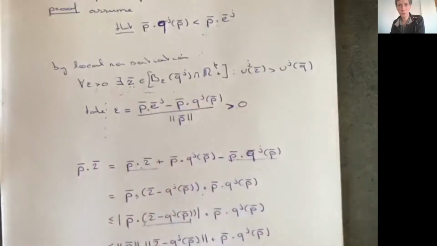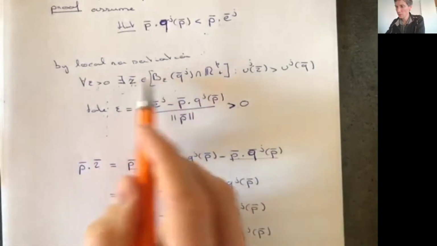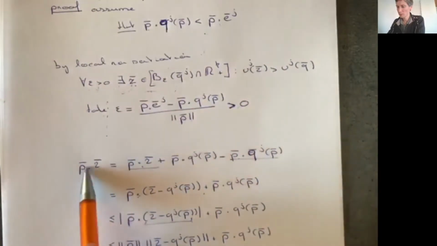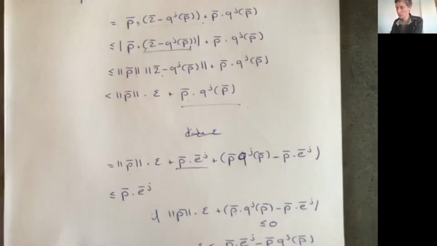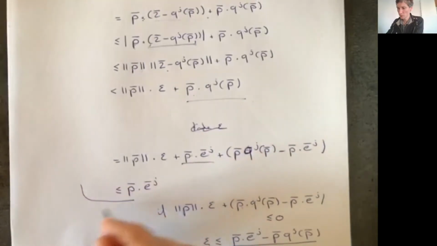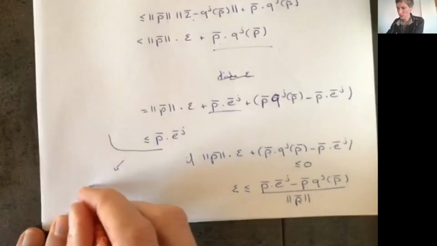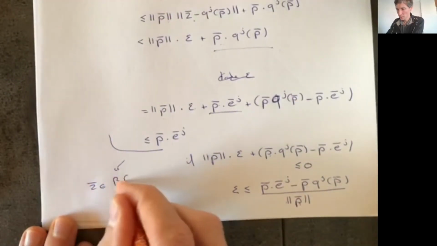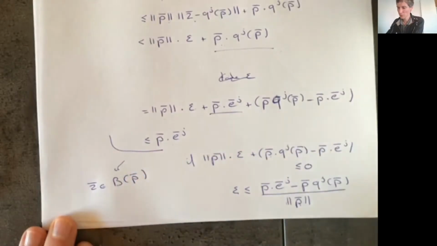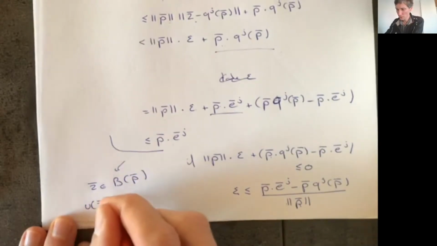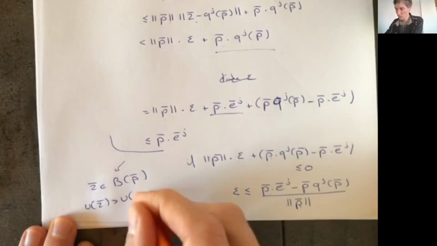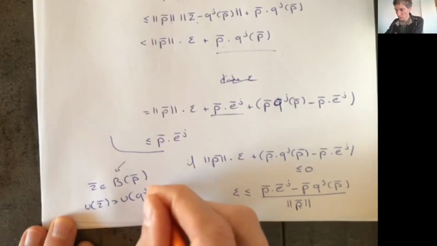If we take this one here, then we know that there exists a Z, and this P times Z is lower or equal to P times EJ. So from this derivation, it follows that Z is feasible, and the utility of Z is greater or equal to the utility of QJ of P. This follows from here.